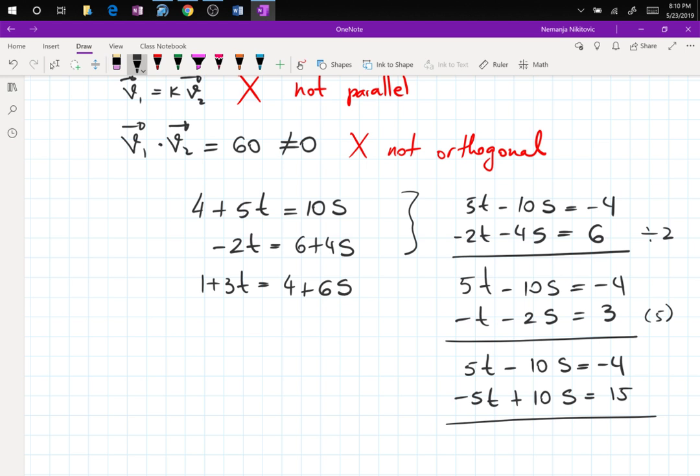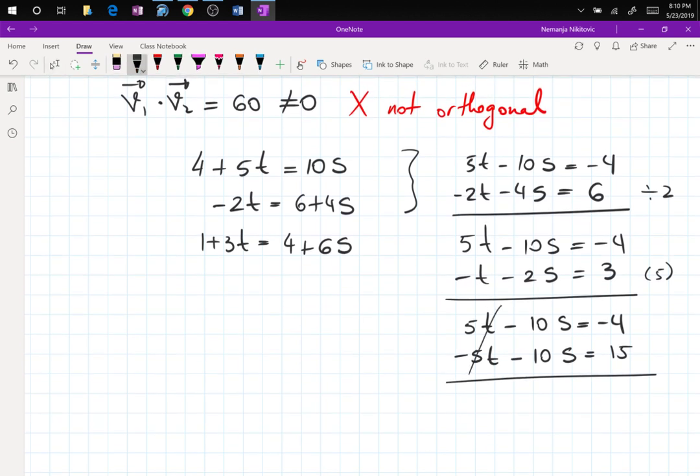Positive, negative, negative, negative, positive, negative. Ah, that's a minus. There we go. So these die. It's negative 20 s equals negative 11. Really? s equals negative 11 over 20. Yeah, kill me now, right?